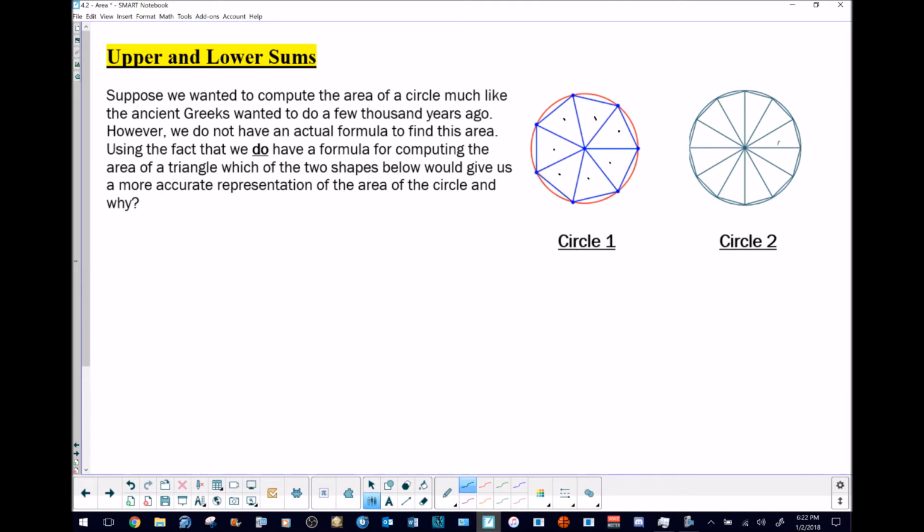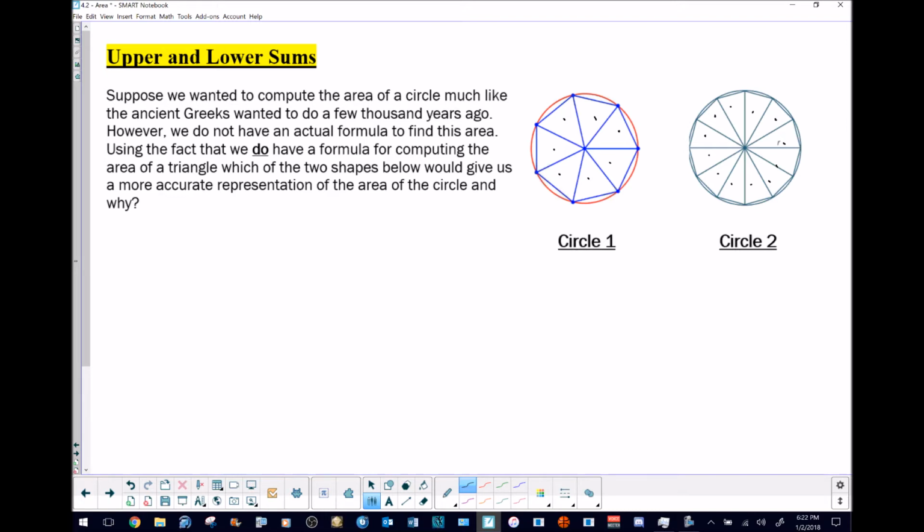And then if you take a look at circle 2, which divides into 3, 4, 5, 6, 7, 8, 9, 10, 11, 12 triangles, it's probably pretty clear which one would give a little bit better estimate of the area of the entire circle if we just included the triangles only. And that certainly would be circle 2.